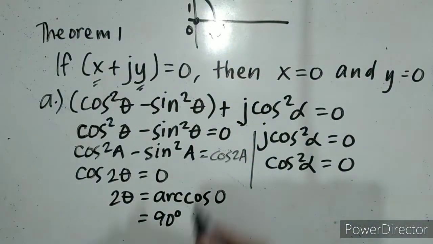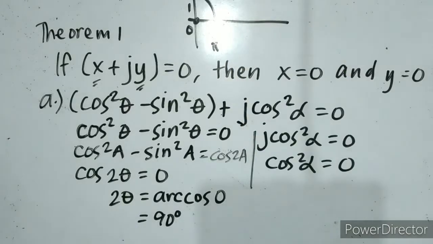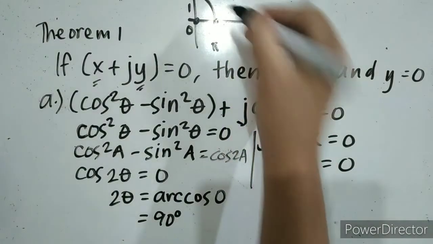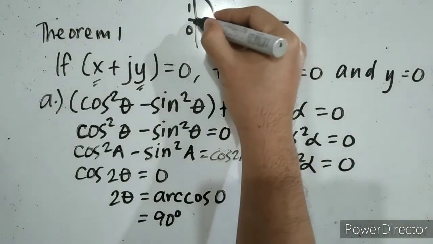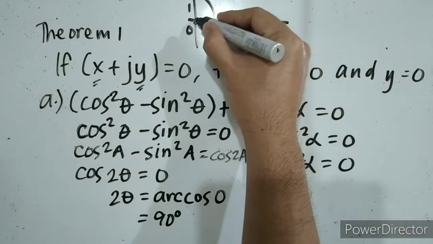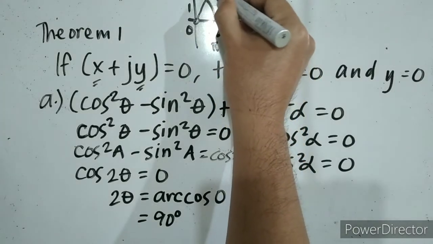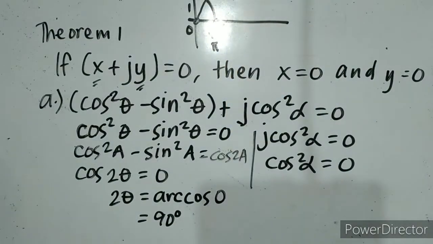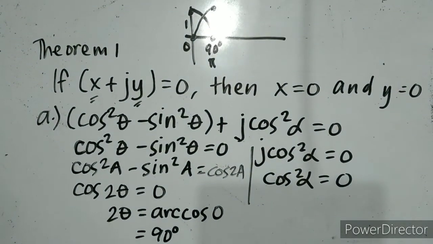So at an angle of pi over 2 or 90 degrees, the value of cosine is 0. On the other hand, at the angle of 0, the value of sine is 0 and it goes up. It has a value of 1 at 90 degrees.